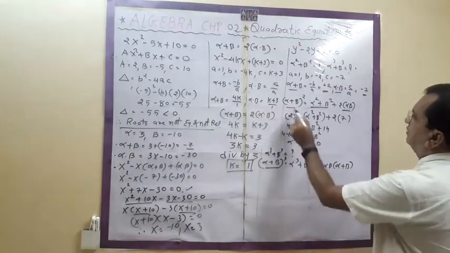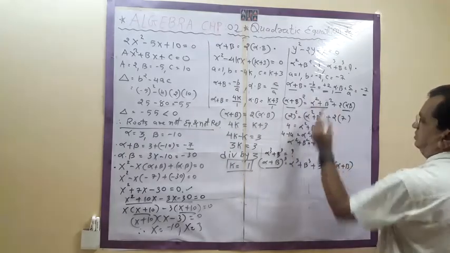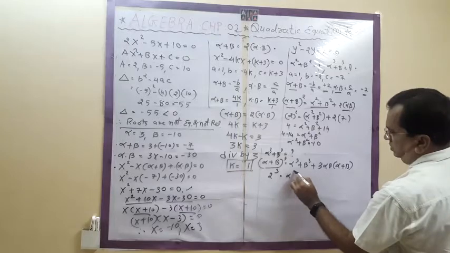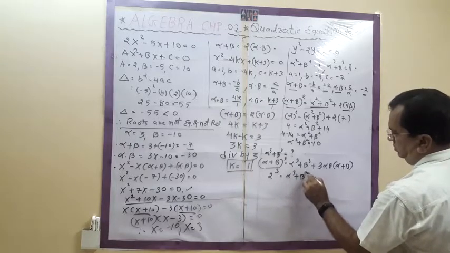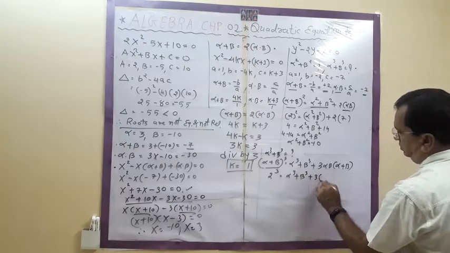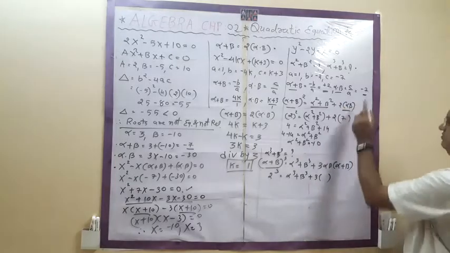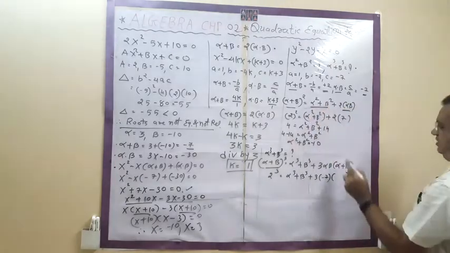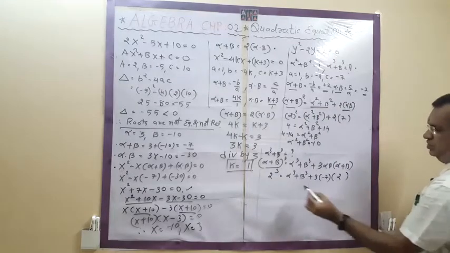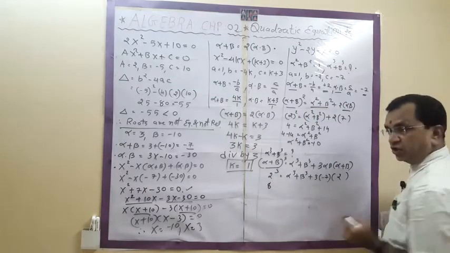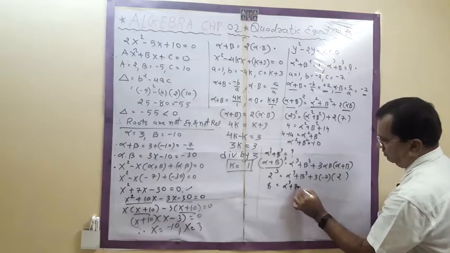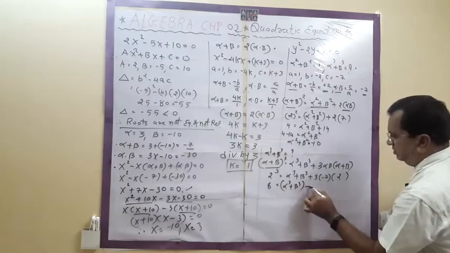Now this is given, alpha plus beta is how much? 2 cube, alpha cube plus beta cube. Alpha dot beta is given minus 7. Alpha plus beta is given 2. So this is 2 cube. This is alpha cube plus beta cube that we want.